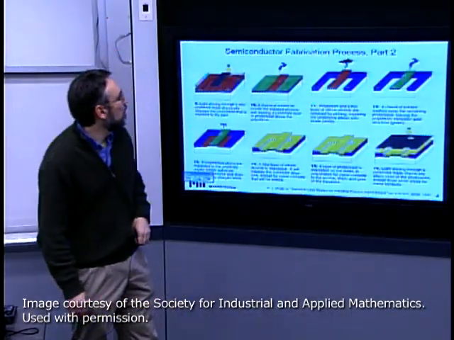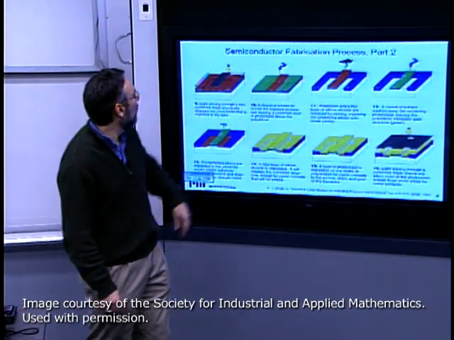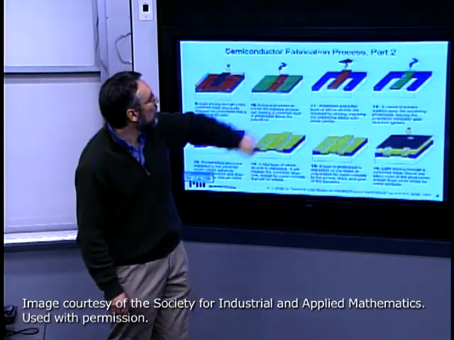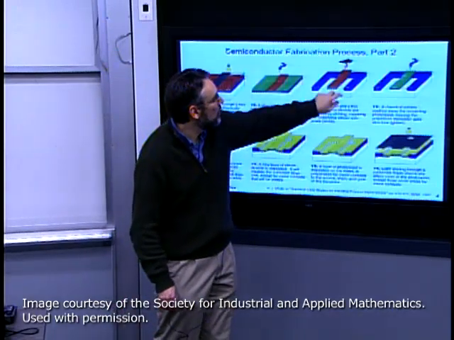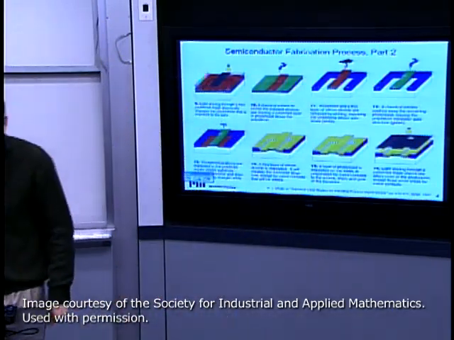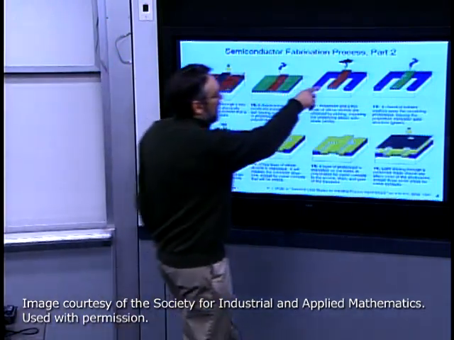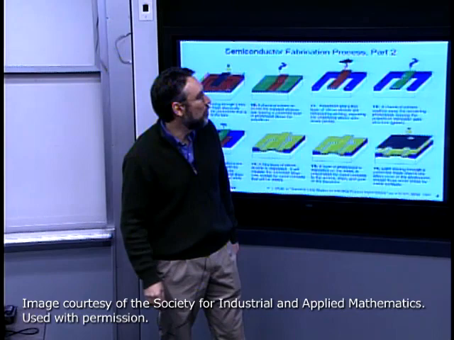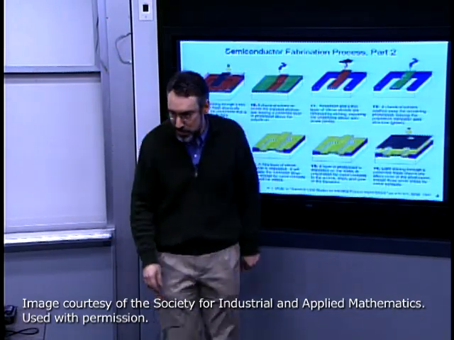We develop and dissolve away the exposed photoresist, and then we're doing a plasma etch again to form the gate electrode and then remove or ash away the photoresist.